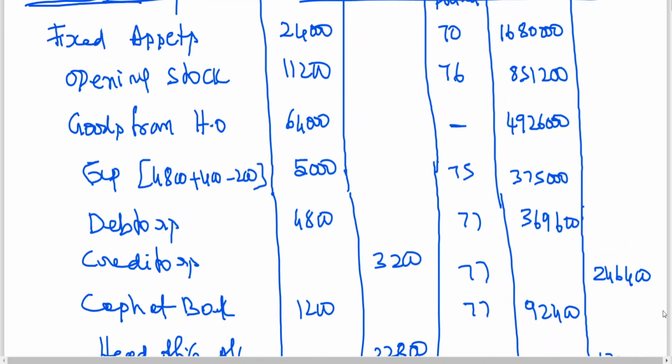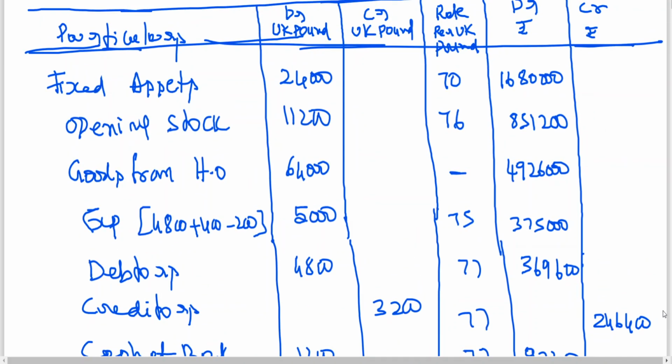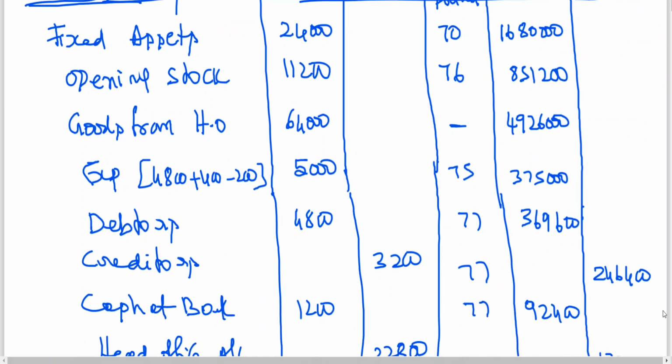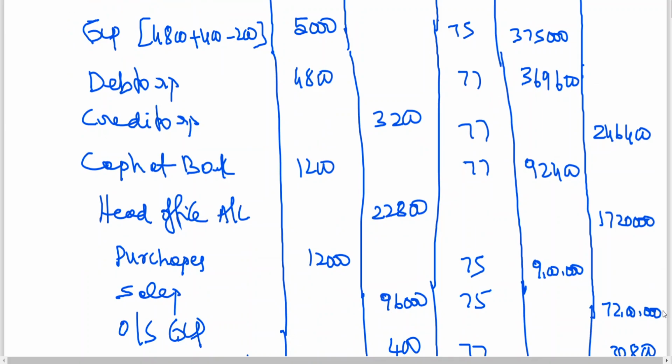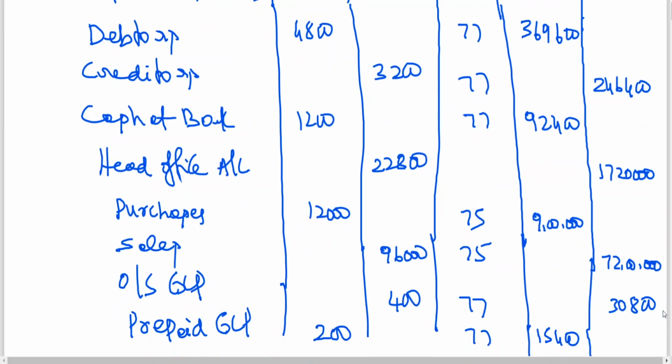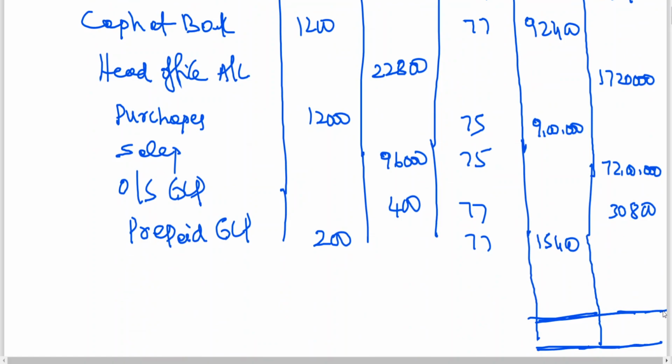It appears the debit side totally is showing more. If you go for totaling, you'll be getting 92 lakhs.